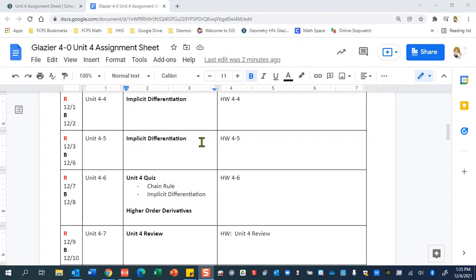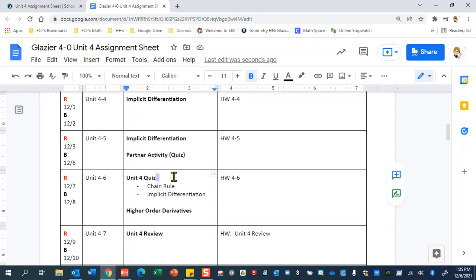So I pick partners. So I think that's what we're going to do with more implicit differentiation today. And we're going to call this a partner activity, which is similar. I'm going to grade it as a quiz and make sure that you guys get the feedback that you need.